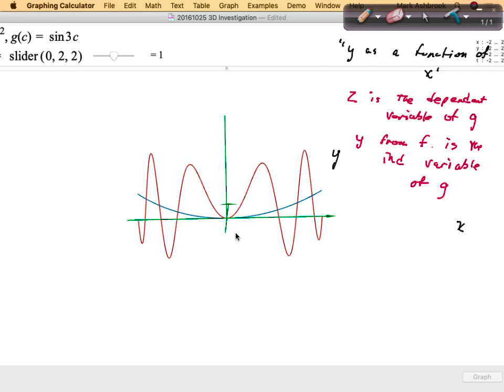Okay, but we're again trying to answer the question: how do we know that y is the independent variable and not x? If it were x, it would look like sine at the origin. It would go through and be negative for negative x values. Why is it doing this? Oh, because all the y values are squared in f. If you square it, it can't be negative. So what is it doing as you go in the negative x direction? It's graphing as if it were going to the right.